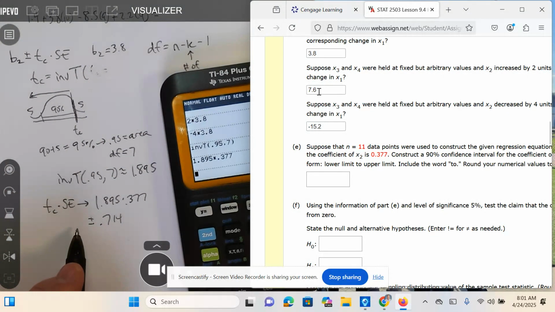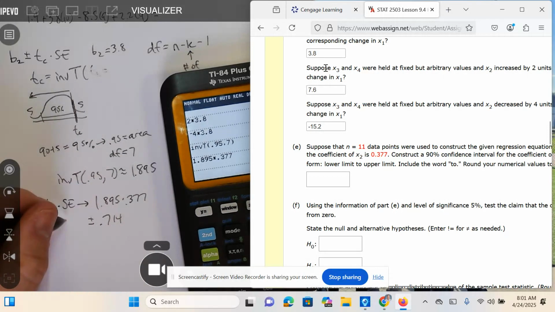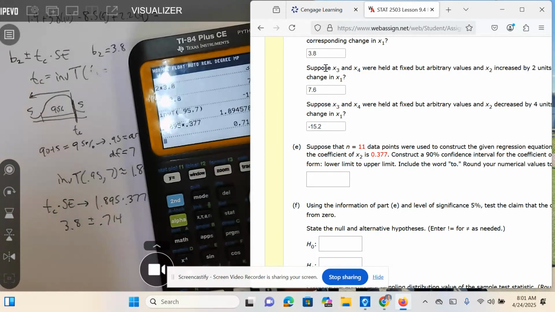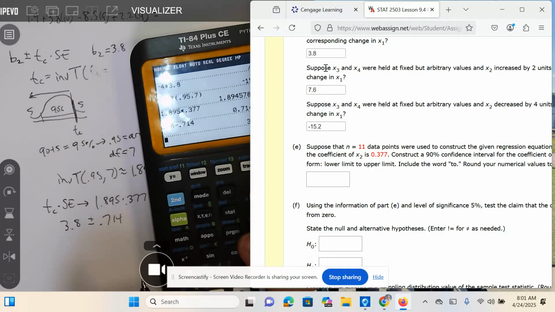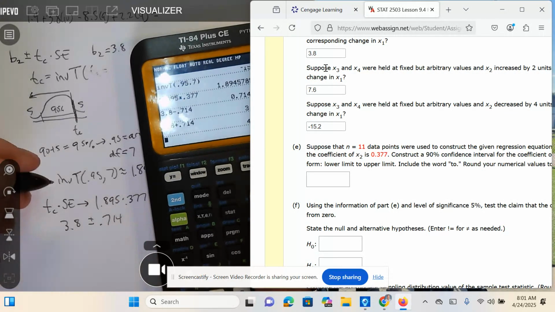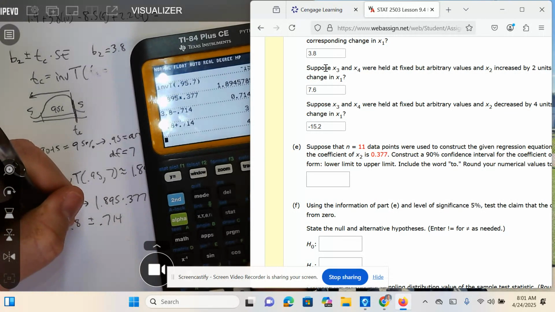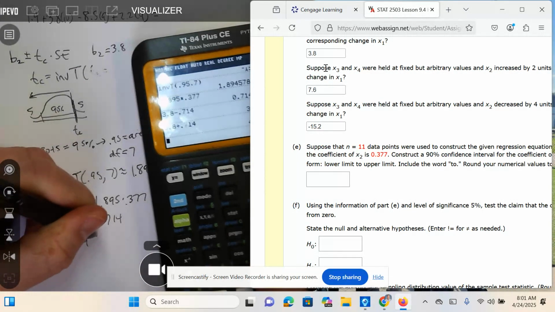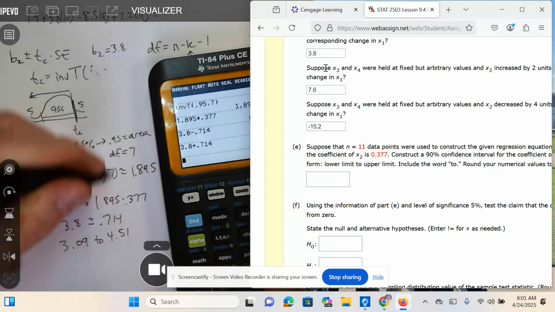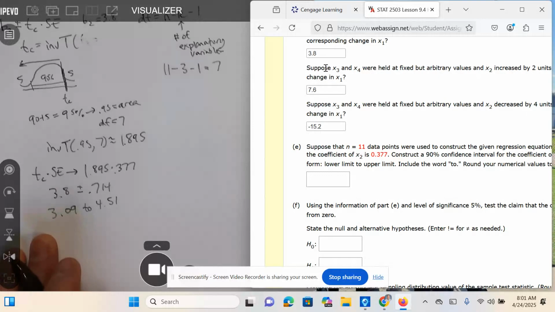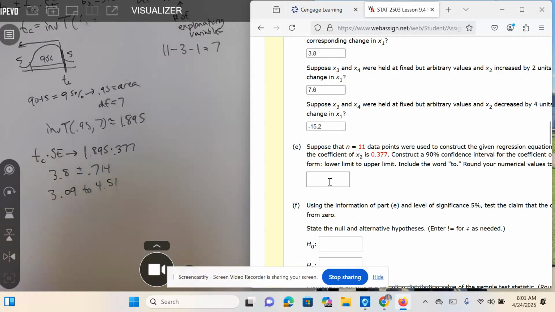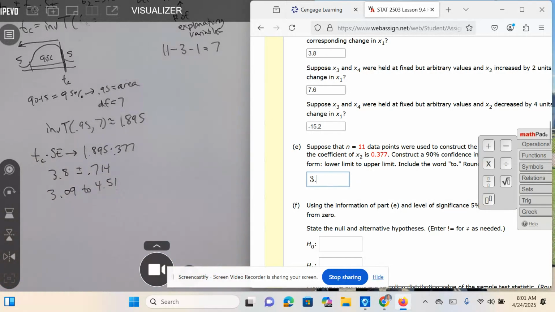My slope was 3.8, so that's my b2, 3.8. I'm going to do 3.8 plus or minus this. So 3.8 minus 0.714, and 3.8 plus 0.714. So I get 3.09 to 4.51. Okay, so that's going to be my confidence interval.